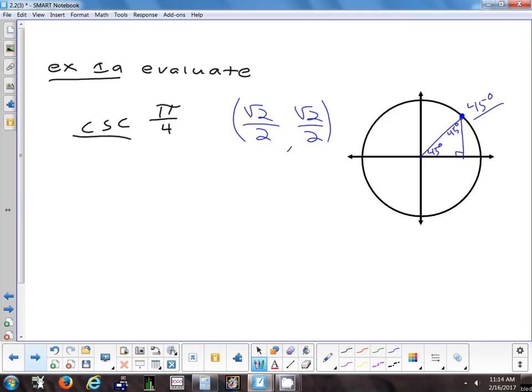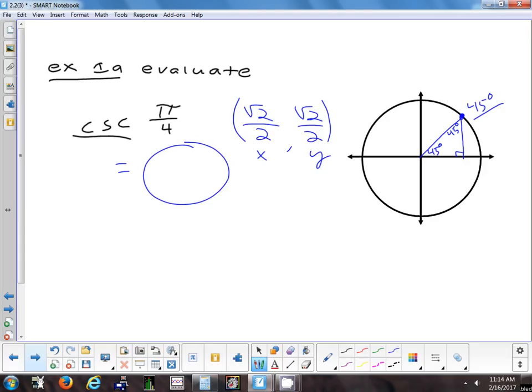Gladdy, what's the formula for cosecant? Is it 1 over y? Yeah, that one's 1 over y, which means take the y value and flip it. And we've done this one a lot, so anyone think they can tell me what you get when you flip that final answer?